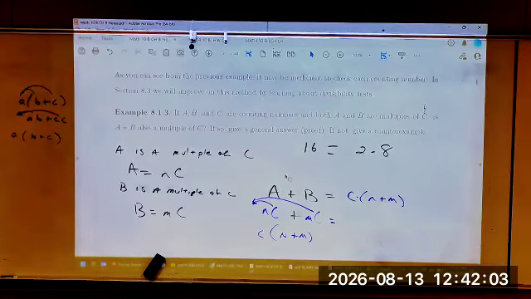So the question is, is A plus B also a multiple of C? Yes? No?